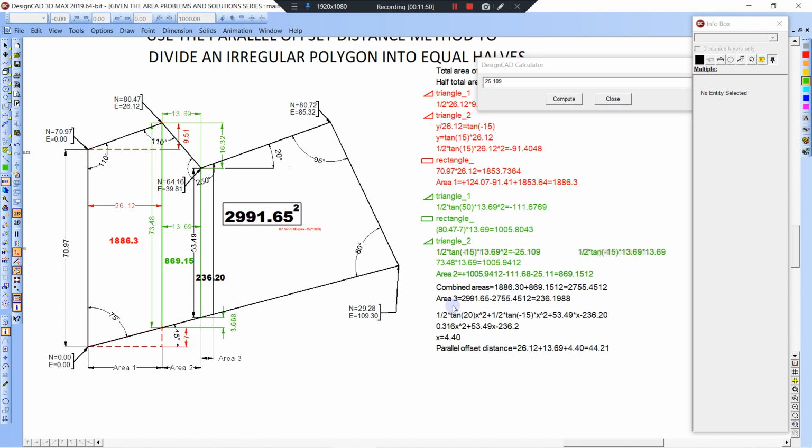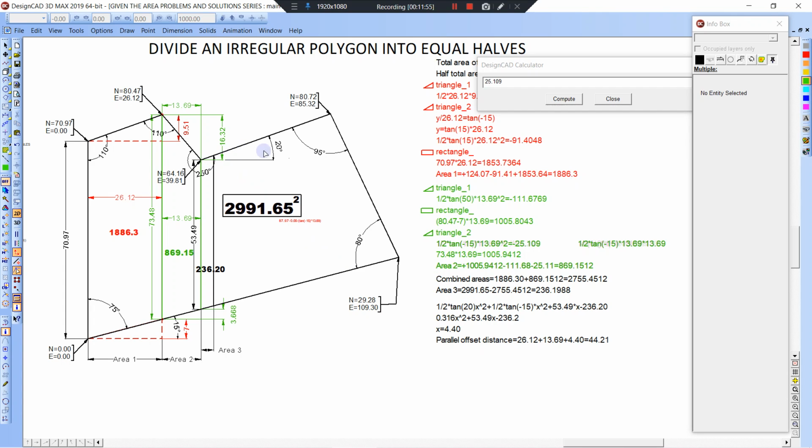We're going to take this area, and then we're going to create a quadratic equation. We know this is 20 degrees. We know that's 15 degrees, so this is a positive. So we do 1/2 a tangent of 20 times x squared, because we don't know this one, right? And then plus 1/2 a tangent of negative 15 times x squared plus 53.49.